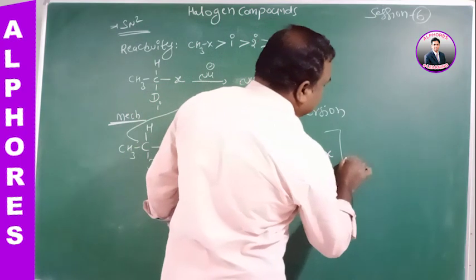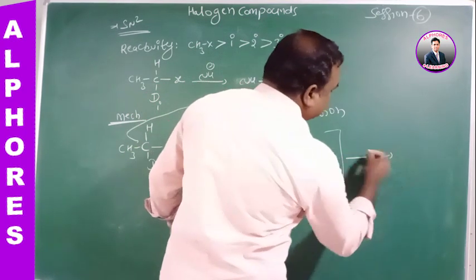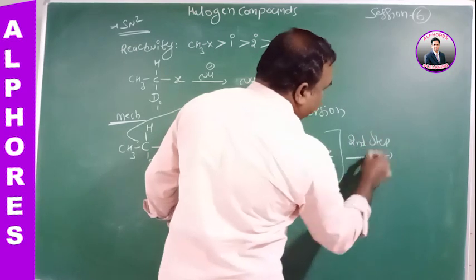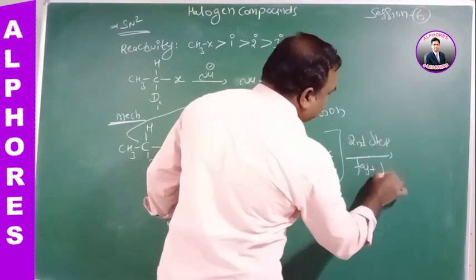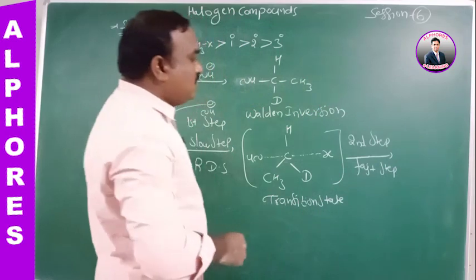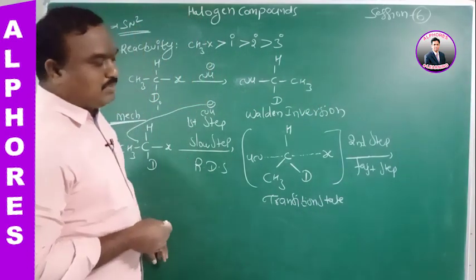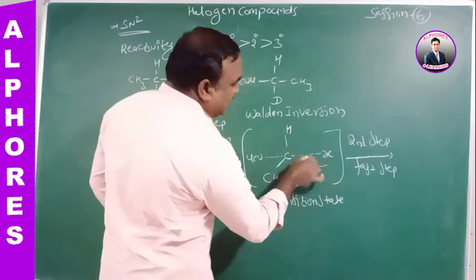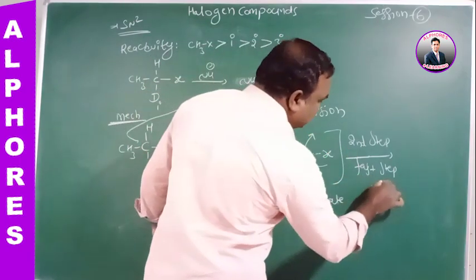The second step is the fast step, the bond cleavage step. X is released as X minus.